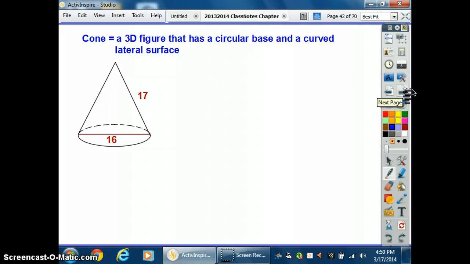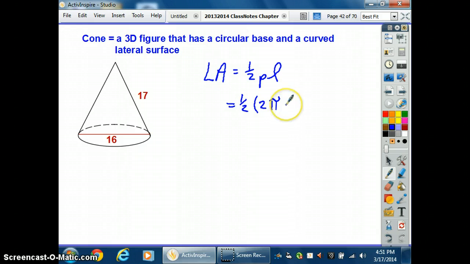A cone. Well, the cone works the same way. The lateral area is 1/2 the perimeter times the slant height. Okay, our perimeter here is really the circumference formula. So it's 1/2 2 times pi times the radius, and our radius would be 8.